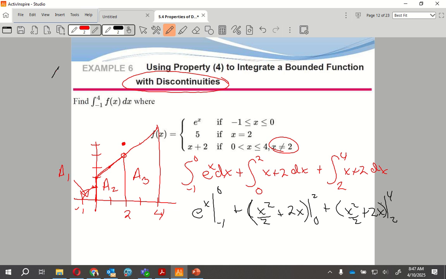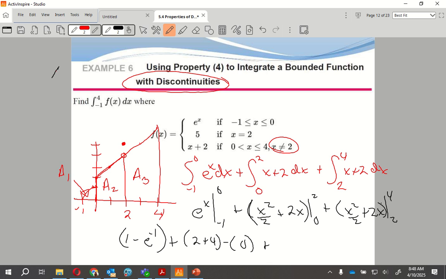And so anything to the 0 power is 1. So e to the 0 is 1, and then that's going to be minus lower bound e to the negative 1, plus, this is going to give me 2 squared is 4, divided by 2 is 2, plus 4, minus lower bound 0, 0. Right? Okay. And now I'm going on to the third one over here.